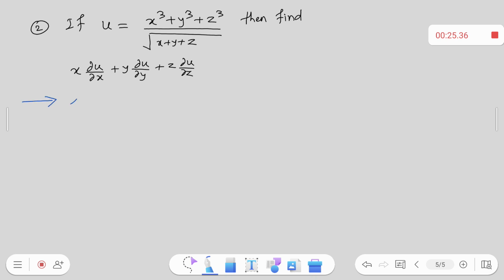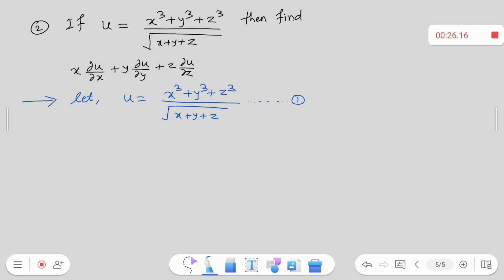So let us assume the given function x cube plus y cube plus z cube upon root x plus y plus z as equation 1. Now the sum of partial derivatives is asked, ux plus uy plus uz. We do not need to find separate partial derivatives.